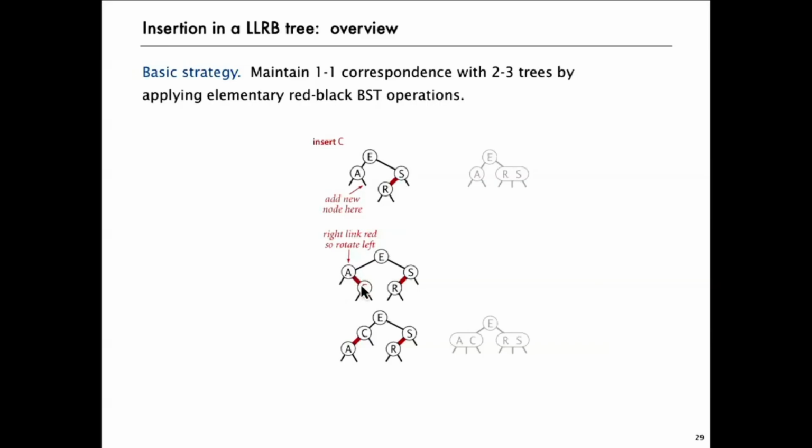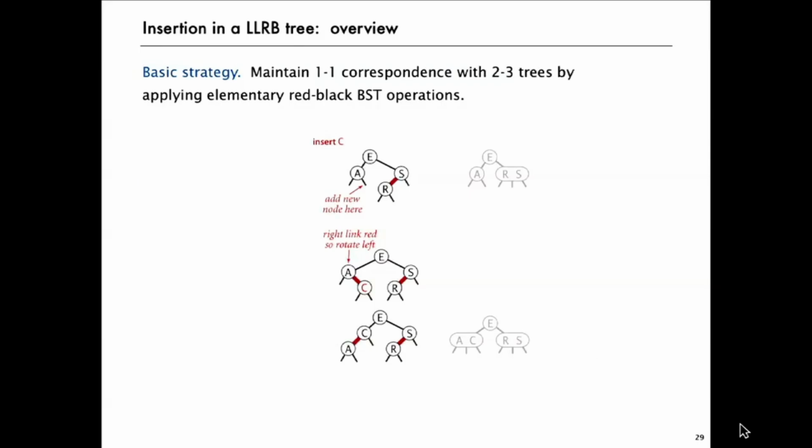In this case, it's a 3-node that's oriented the wrong way, so we need to do a left rotate. After we do the left rotate, we have a legal left-leaning red-black tree, and it exactly corresponds to that 2-3 tree. So the insertion of C gives us exactly what we'd want, the correspondence with the 2-3 tree.